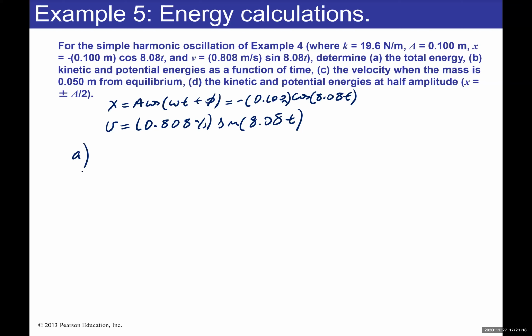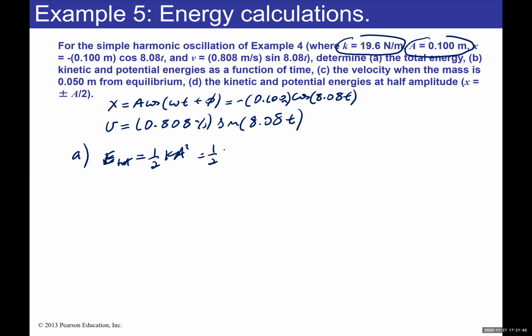So, total energy. Okay. Now we are given the spring constant K and an amplitude, which is 0.1 meters. And I can say the total energy is, remember, 1/2 K a squared, and those two are already enough for me to calculate that.